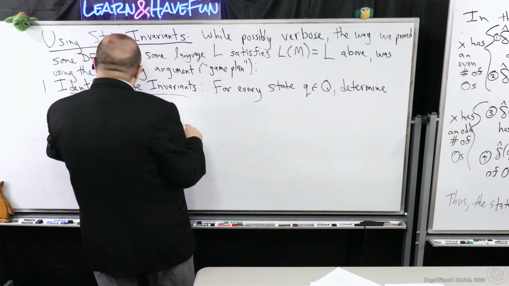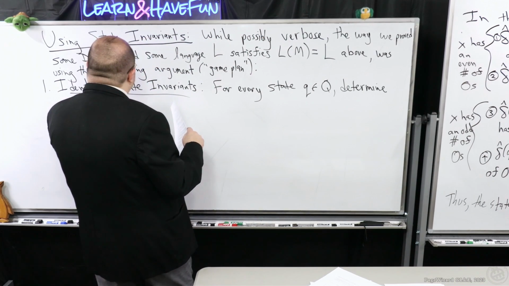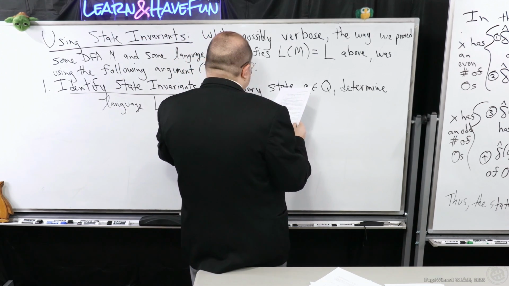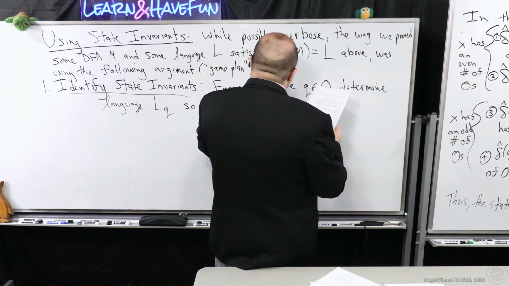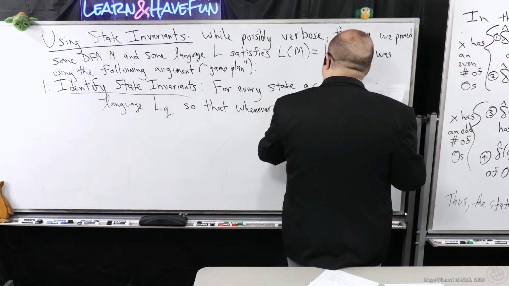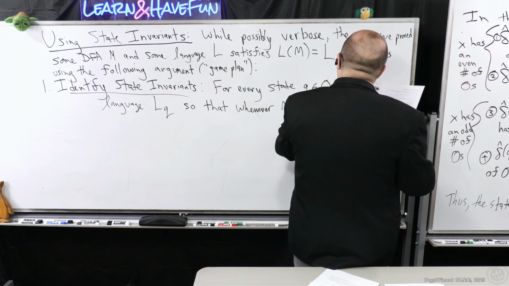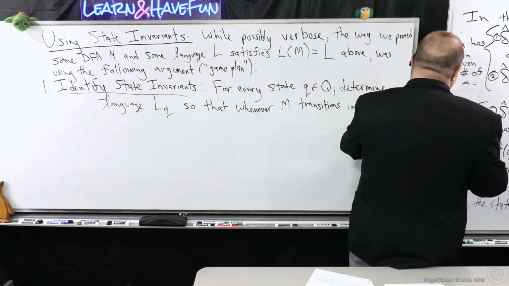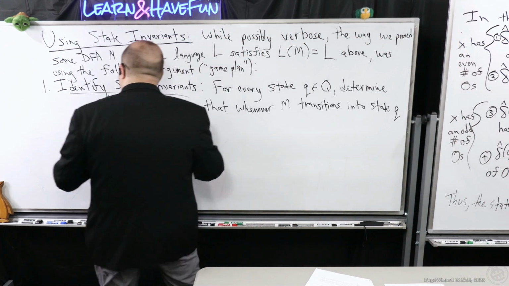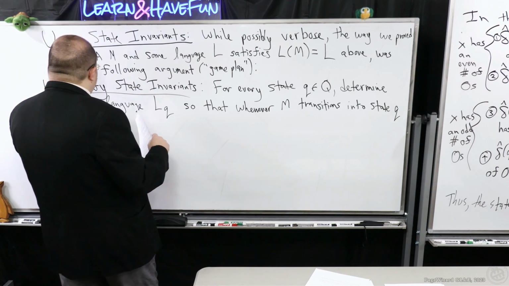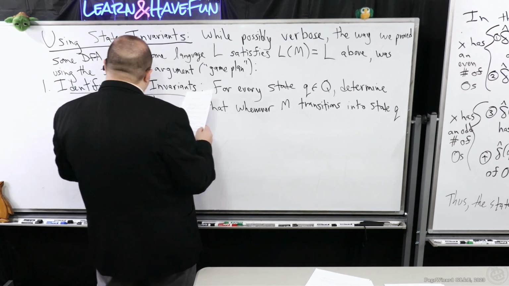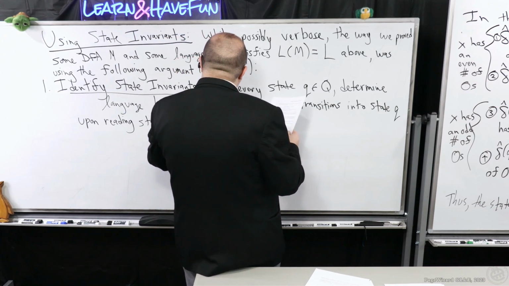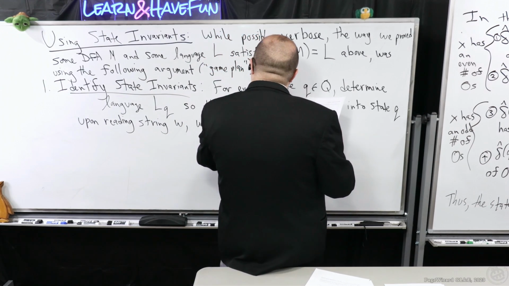I'll just call it LQ, like the language of that state, so that whenever M transitions into state Q upon reading string W, W belongs to LQ.